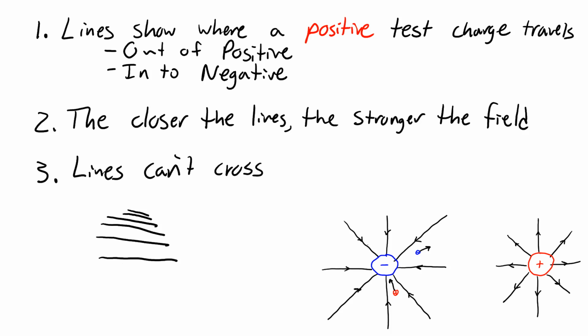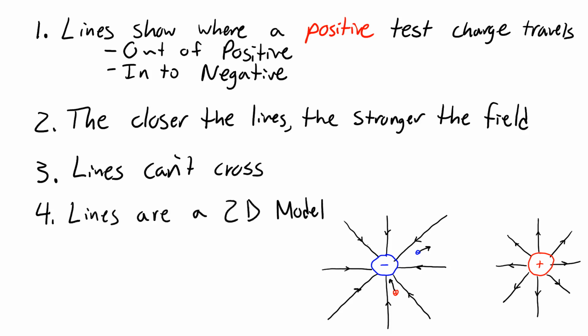They can't cross. And the fourth thing to keep in mind is that the lines are a two-dimensional model of a three-dimensional field. You want to keep that in mind because it's not showing that the field only exists where there's a line, and that where there is no line, no field exists there. That's not what it's showing.